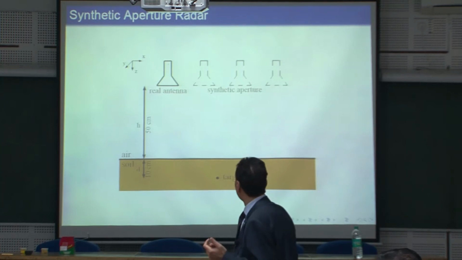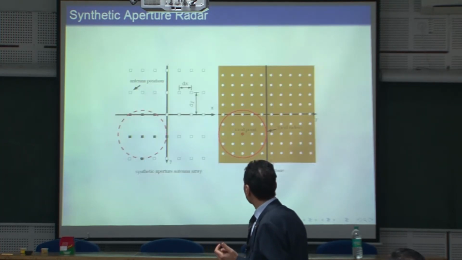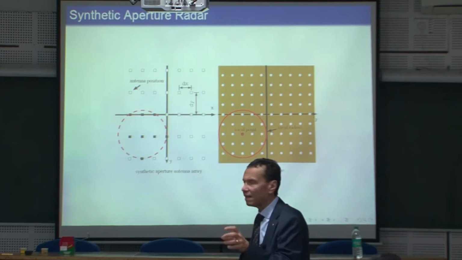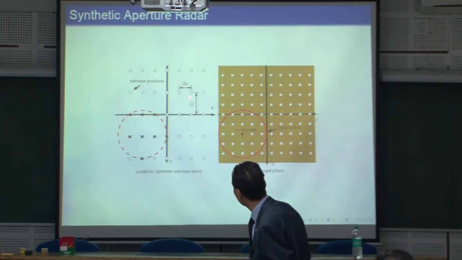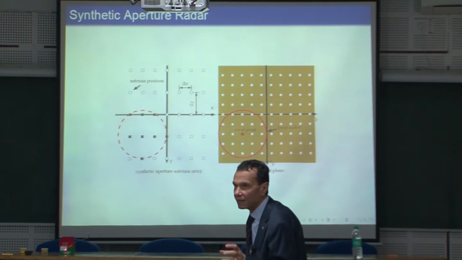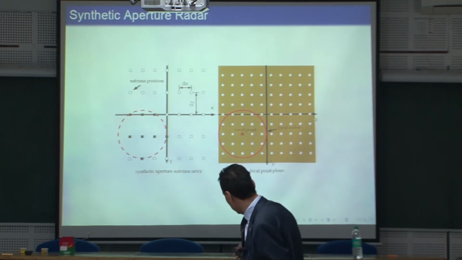Okay. Good. So this is maybe details regarding the point itself where you measure. This is the antenna position, and how can you focus in a certain area.